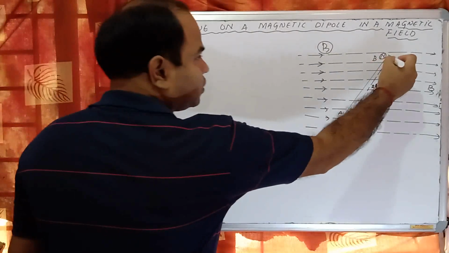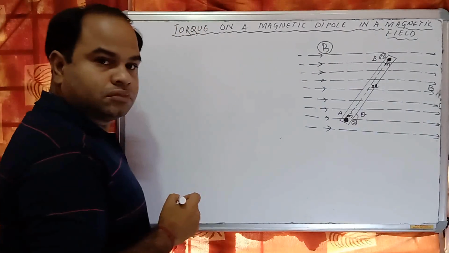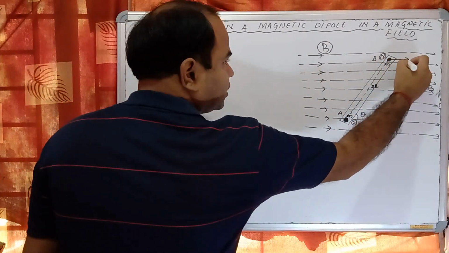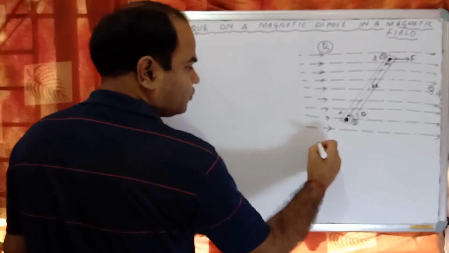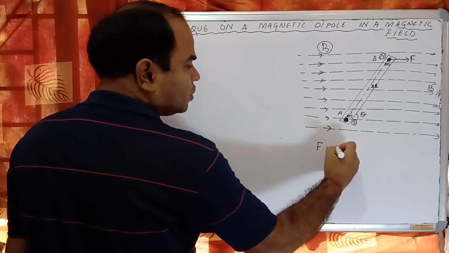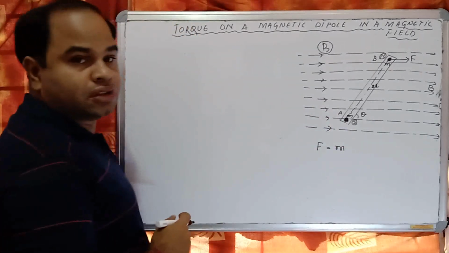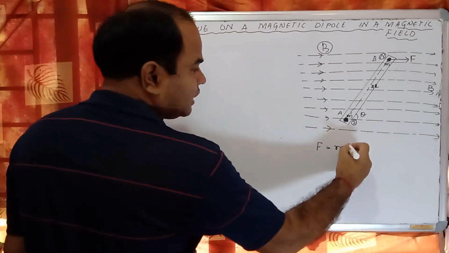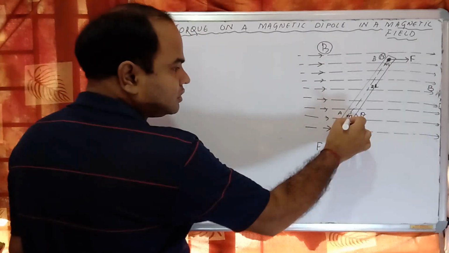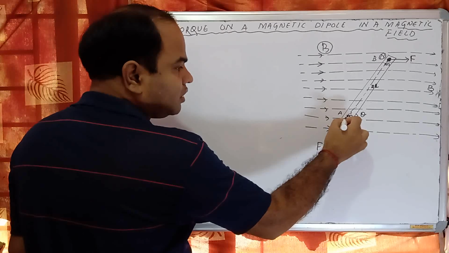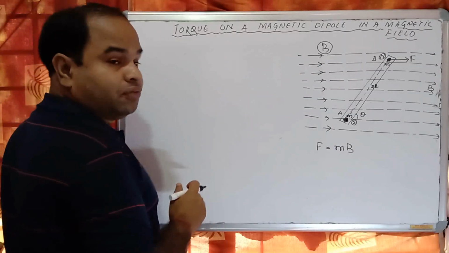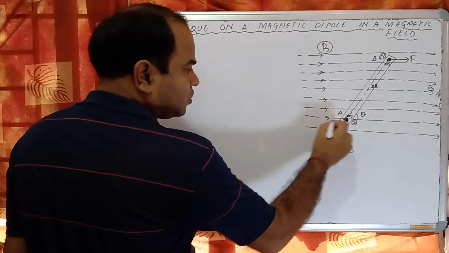So this is the north pole, so it will experience a force in this direction. And the magnitude will be the pole strength of the north pole into magnetic field. Similarly, since it is the south pole, it will experience a force opposite to the direction of magnetic field, so the direction will be like this.